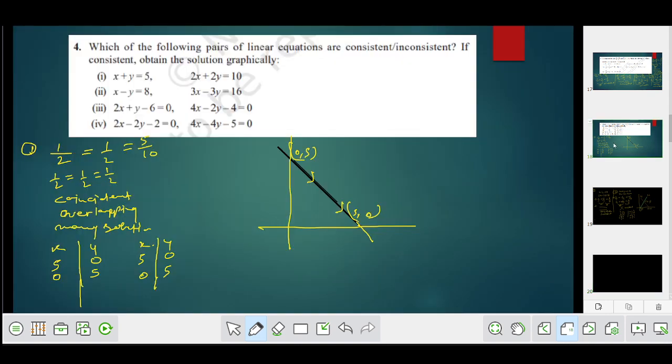Fourth problem: 2x minus 2y minus 2 equal to 0, and 4x minus 4y minus 5 equal to 0.